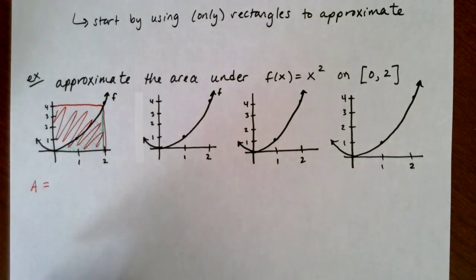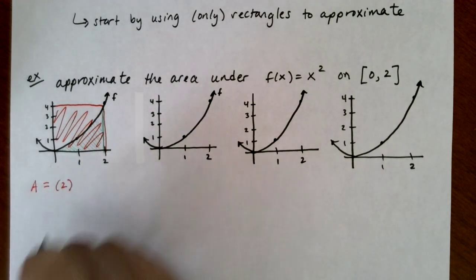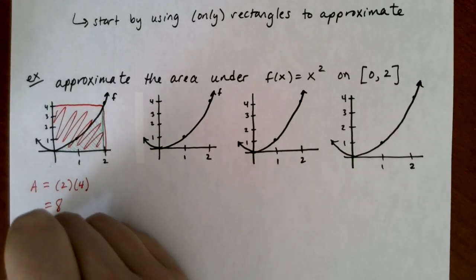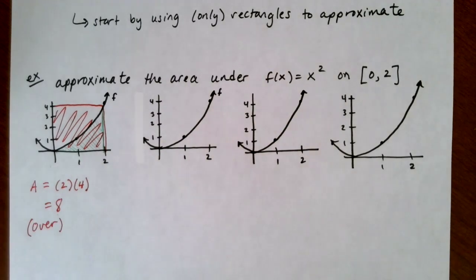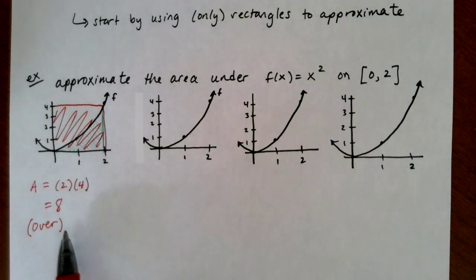So the area is its width, which is 2, times its height, which is 4, and I get 8, which is clearly an overestimate of the correct answer. But from this image, I can tell the exact answer is some number that's probably a little less than half of 8. So it at least gives us a starting point.